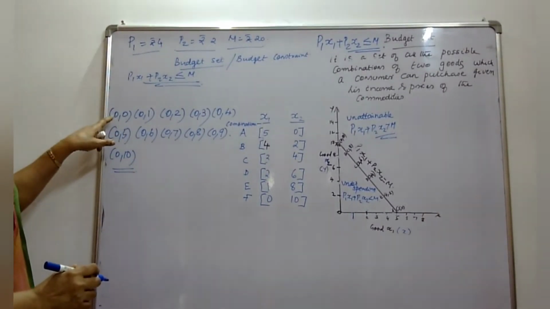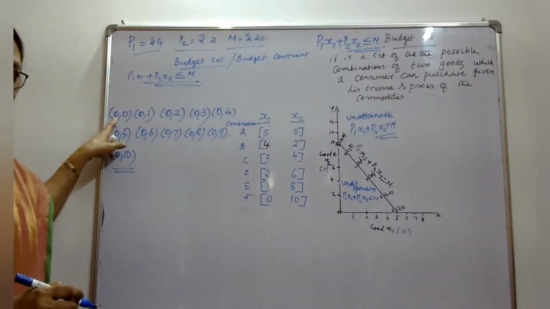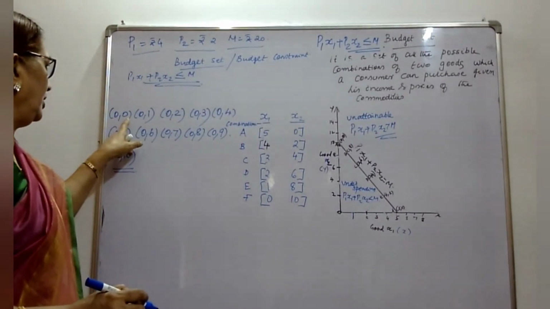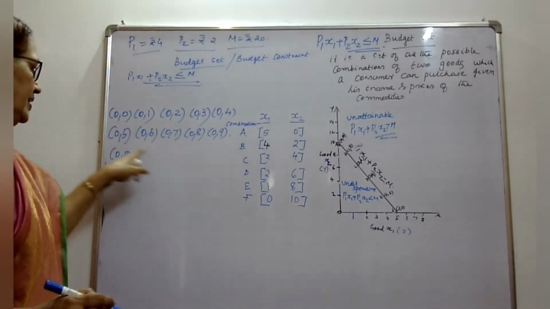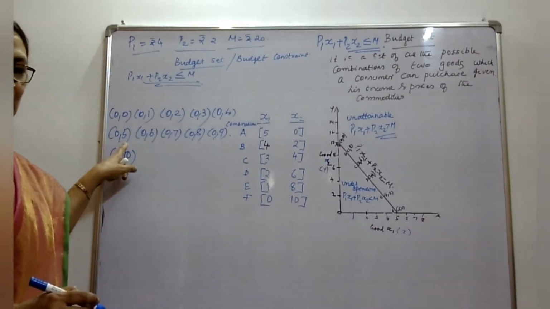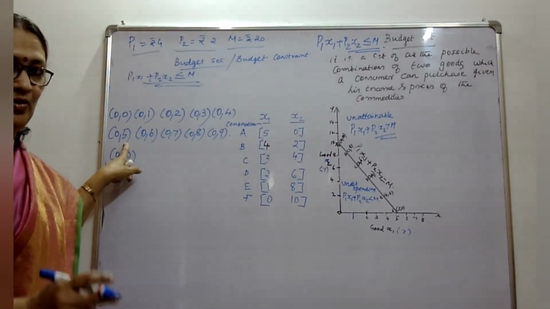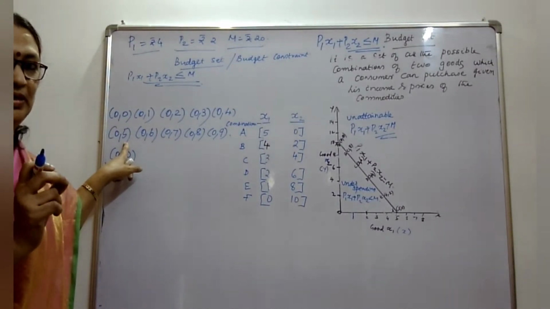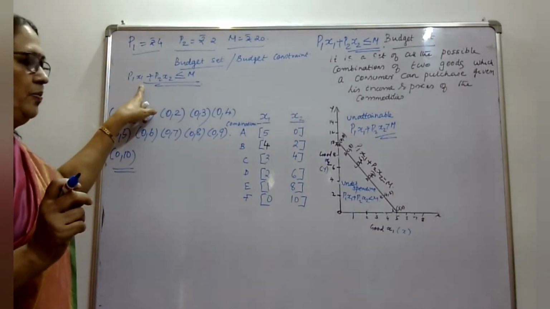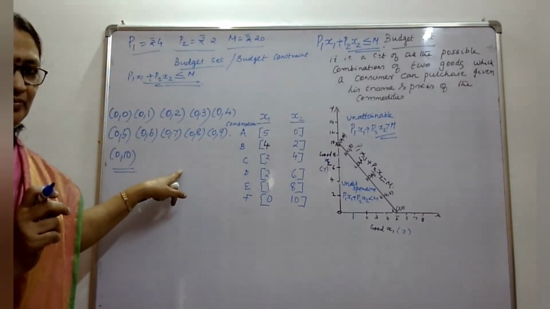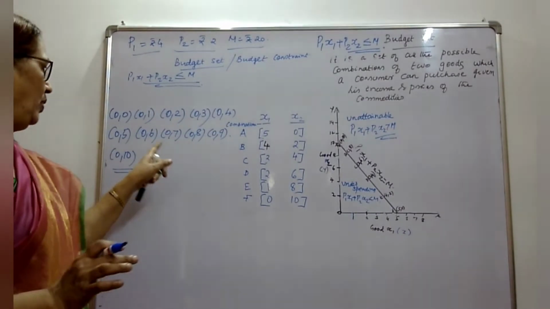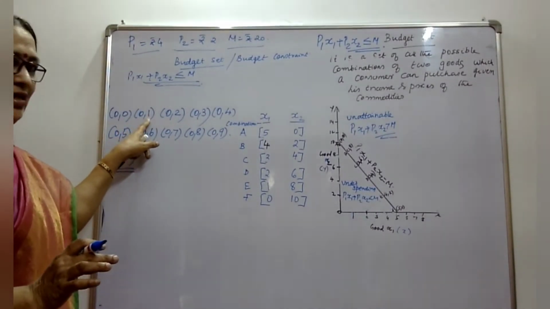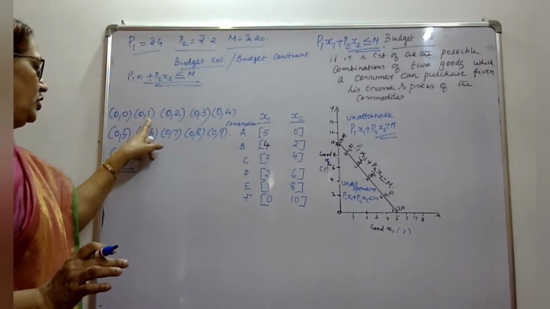See, the first commodity is 4 rupees and the second good is 2 rupees. So in the first set, not a single unit of the first commodity is purchased. Consumer is spending entire income on the second commodity, 1. So the price is 2 rupees, 1 into 2, 2.